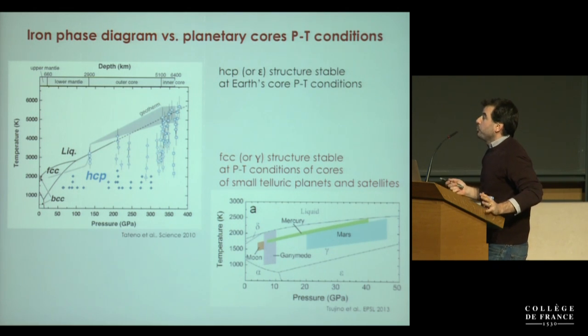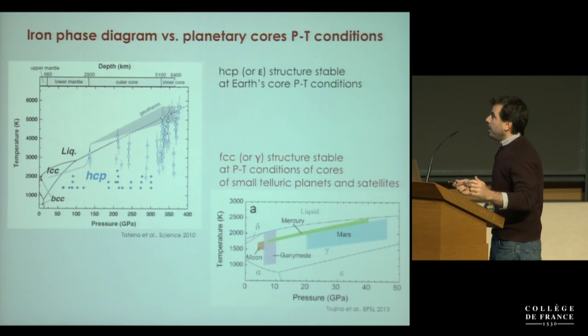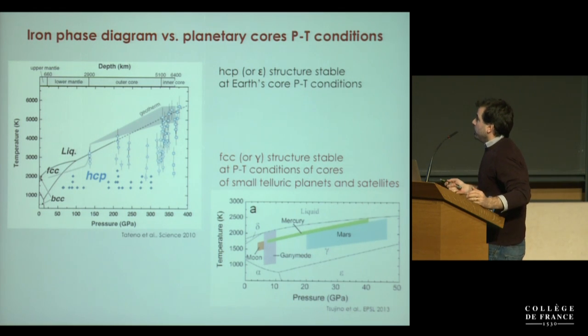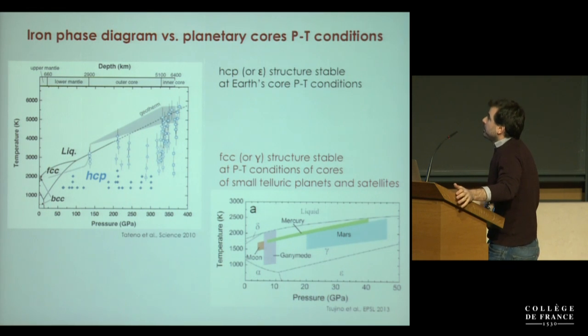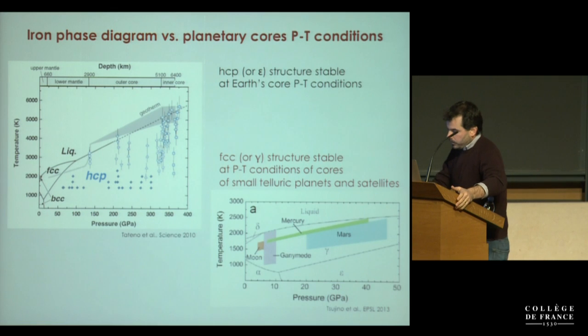At the pressure and temperature conditions of the Earth, the expected stable structure is the hexagonal close-packed, or epsilon, structure. While for smaller telluric bodies, such as Mars or Mercury, and satellites including Ganymede and the Moon, the focus of the present interest, the expected stable structure is the face-centered cubic, or gamma, phase.